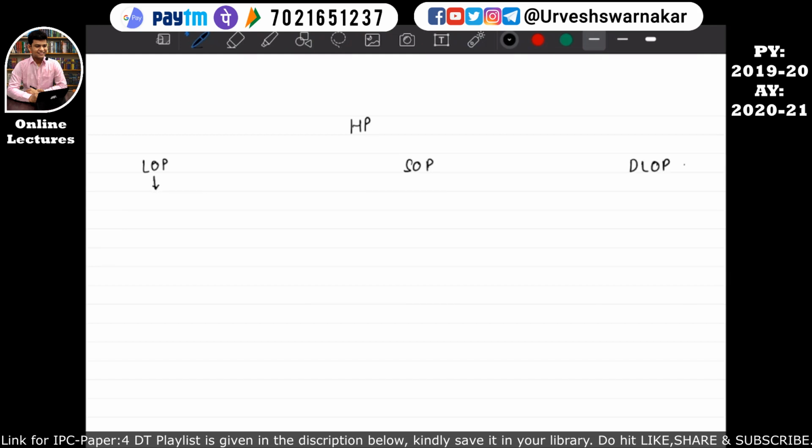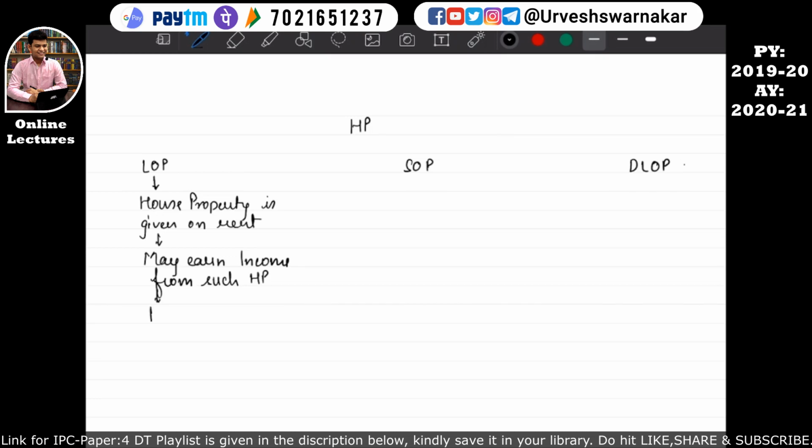LOP simply means the house property is given on rent, okay, and the assessee may earn income from such house property, or he may incur loss from house property. I hope this is quite clear.